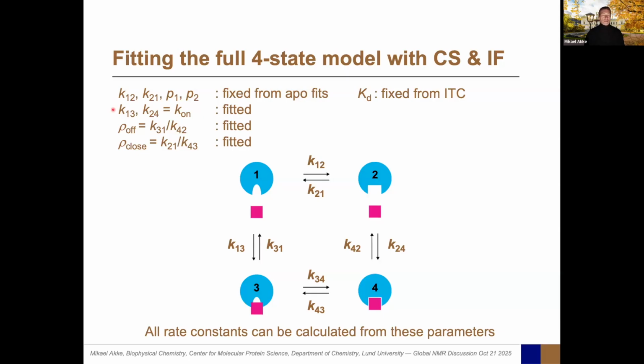You might imagine that if the K on rates would be quite different, then maybe you wouldn't be able to fit the data either. But yes, it is the fact that the conformational changes are quite small. Maybe I should actually show that. So I mean, we've determined.